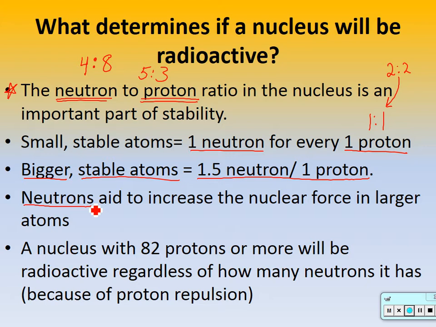So above 82, and 82 is lead, Pb, once you get beyond 82, you're going to start seeing some radioactive isotopes. Lead is our last really stable element on the periodic table. You get larger than that, there's just so many protons that it's not going to be stable in the nucleus.